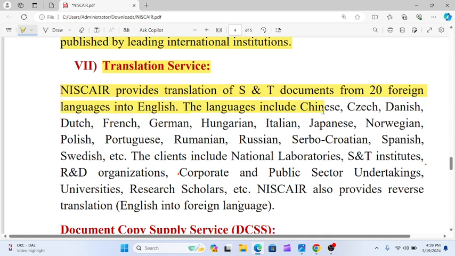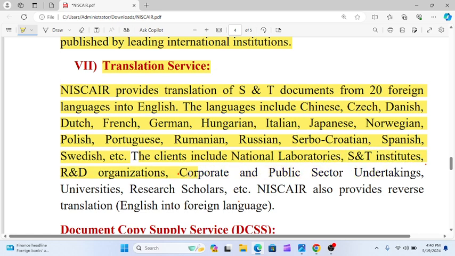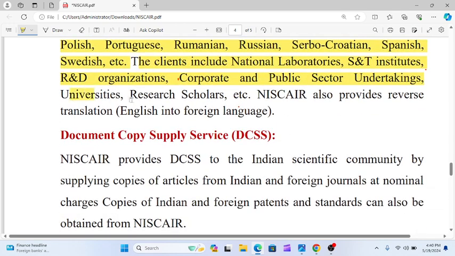The languages include Chinese, Greek, Danish, Dutch, French, German, Hungarian, Italian, Japanese, Norwegian, Polish, Portuguese, Romanian, Russian, Serbo-Croatian, Spanish, Swedish, etc. The clients include national laboratories, science and technology institutes, research and development organizations, corporate and public sector undertakings, universities, research scholars, etc. NISCAIR also provides reverse translation, English into foreign languages.